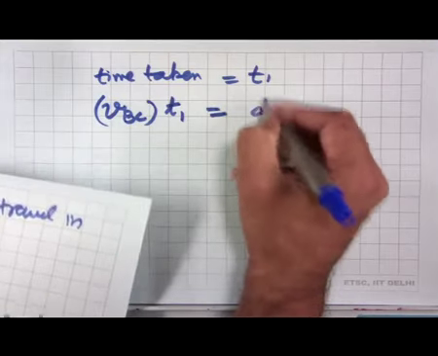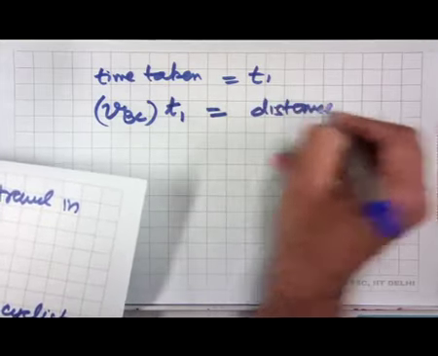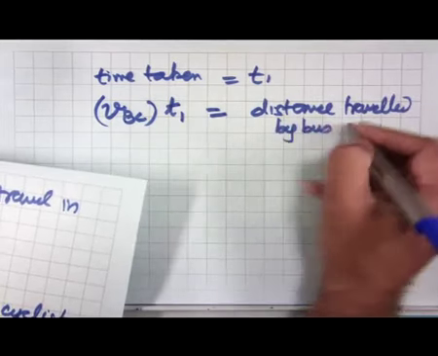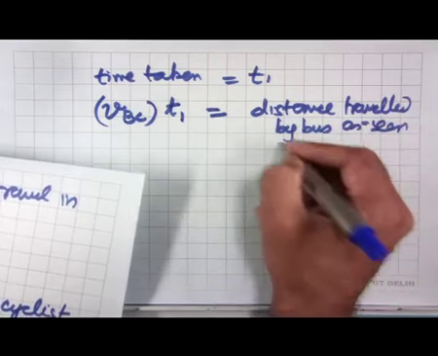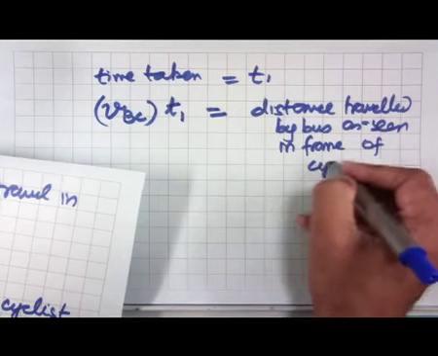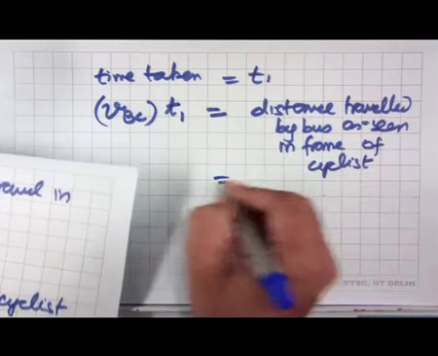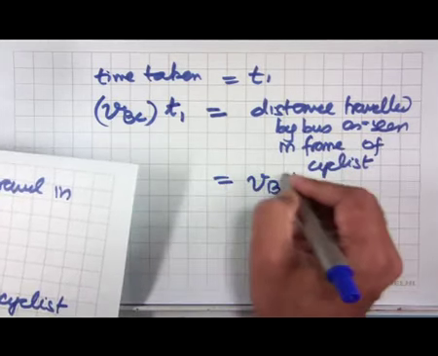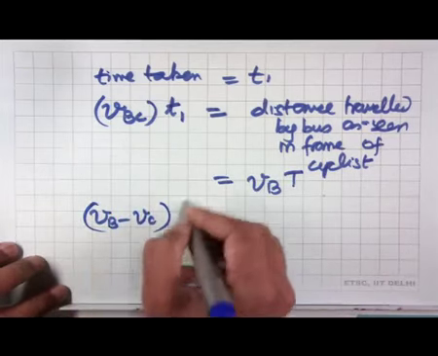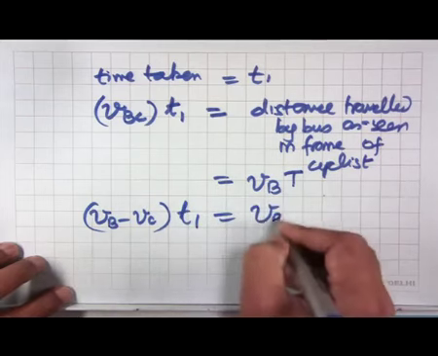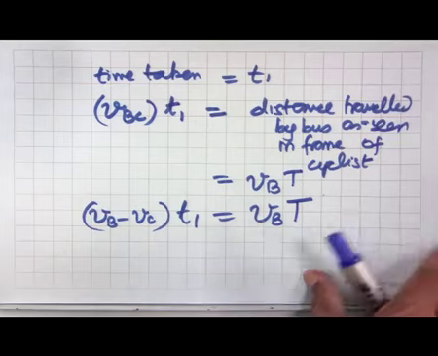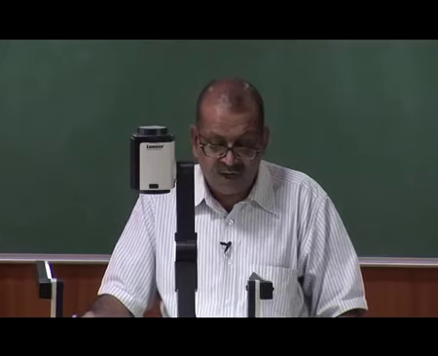This will be equal to the distance travelled by the bus as seen in the frame of the cyclist, and this will be equal to Vb times t. So, we get Vb minus Vc times T1 is equal to Vbt, and this relation is the same which we have observed as equation number 1 earlier.